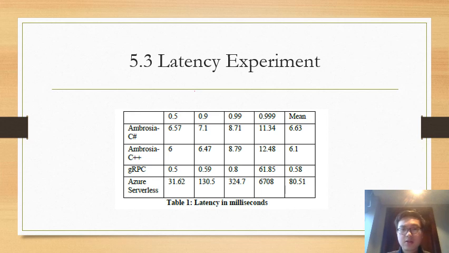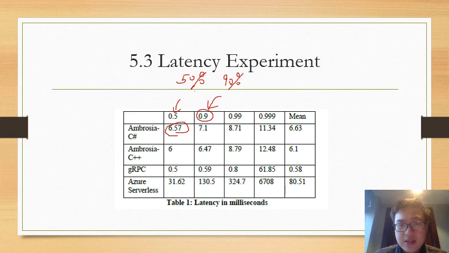In the first row, the numbers here mean that 0.5 means that 50% of the data is better than the result of 6.57. Here the 0.9 means 90% of the data is better than 7.1.